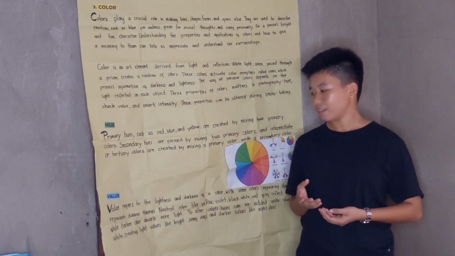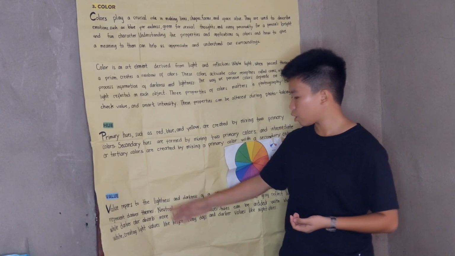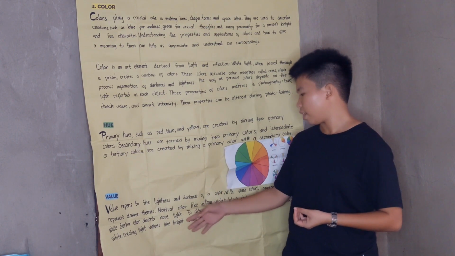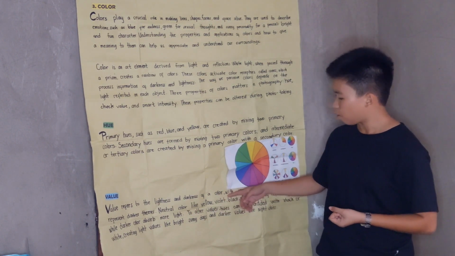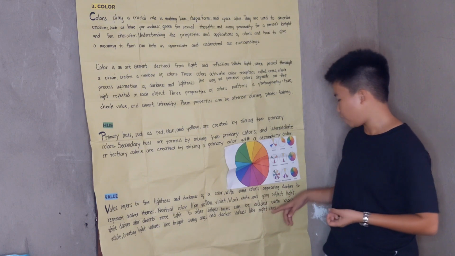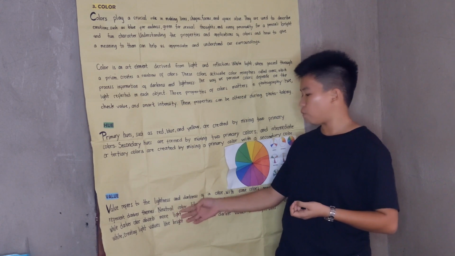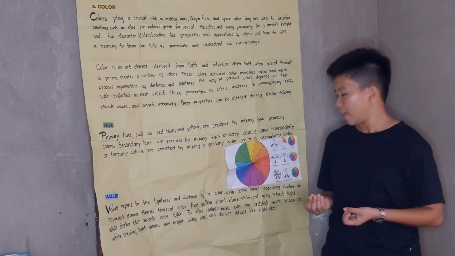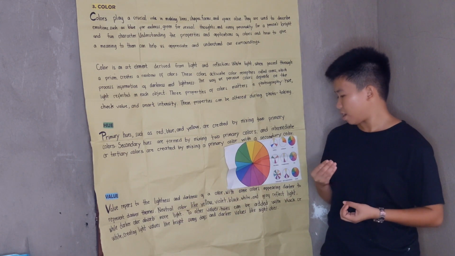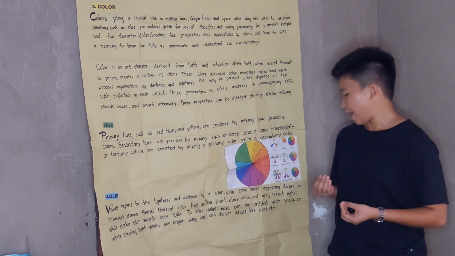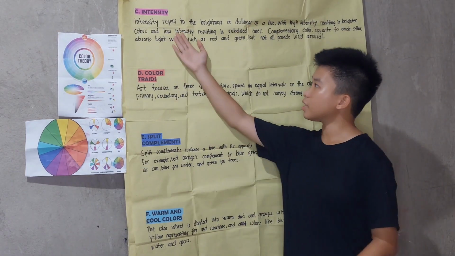With darkness, the colors absorb more light. To alter values, hues can be mixed with white or black, creating light values like a bright sunny day, and darker values like night skies.